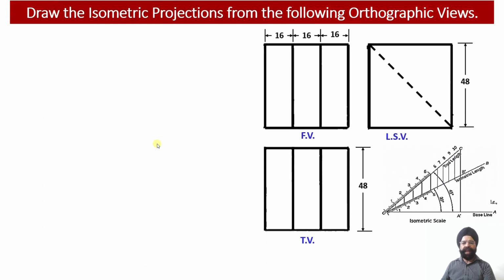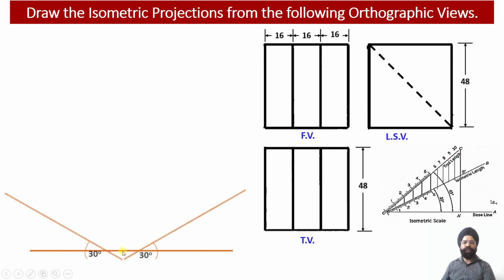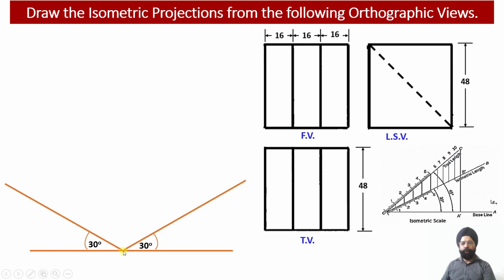So step number one, we have to draw the horizontal ground line or the datum line over here. So this is the horizontal ground line that we have constructed, and onto the horizontal ground line we are going to mark the origin point. So this is our origin point, and from the origin point, the isometric x-axis will be constructed towards the left side, which will be drawn at an angle of 30 degrees with respect to this ground or the datum.